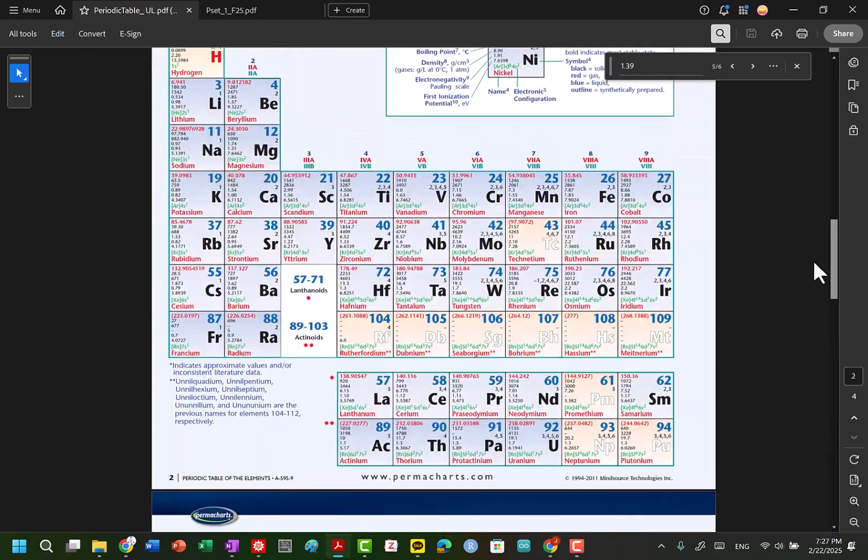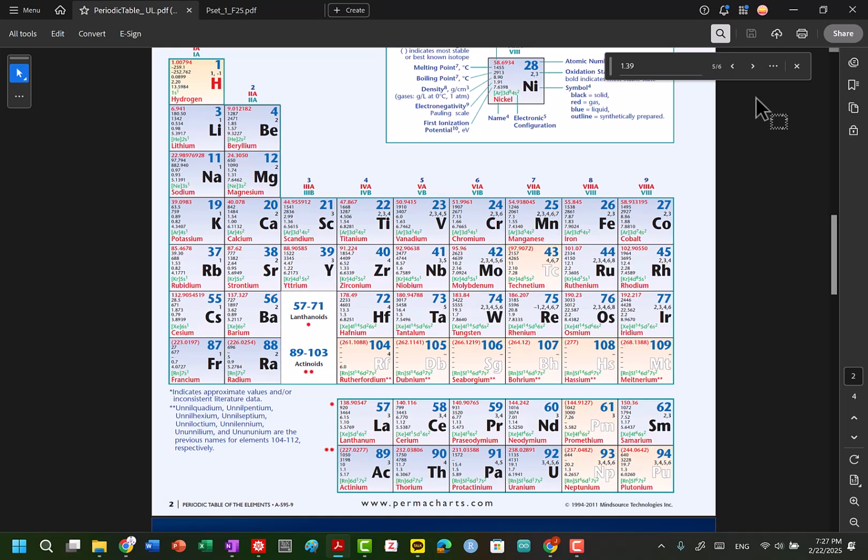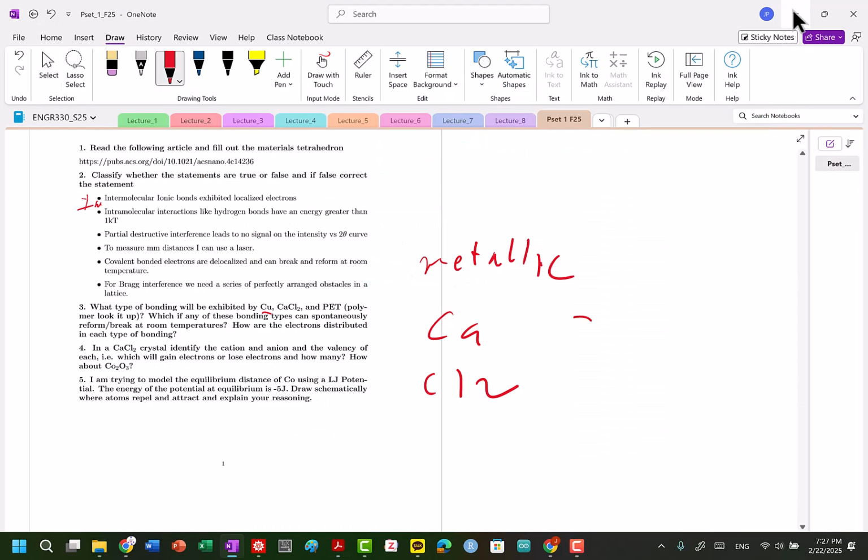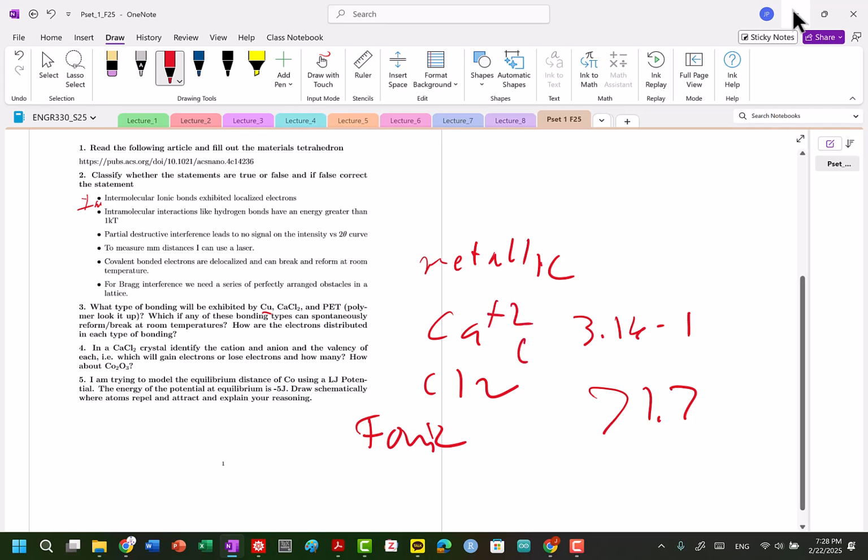Ca is 1. So 3.16 minus 1. So it is greater than 1.7. So that is going to be a purely ionic interaction. Actually, Ca is going to be plus 2, Cl is going to be minus 1. So their electrons are either taken or they're given away. And they cannot break and reform at room temperature.